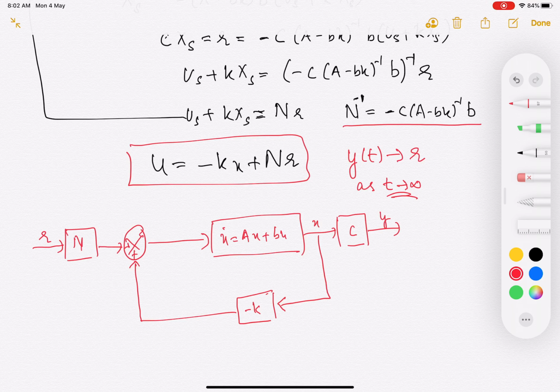So your state feedback law here, u is equal to minus kx plus nr, and when you calculate n the way it has to be calculated from this formula, what you're ensuring is that this y would actually be tracking this r at steady state. So I hope this is clear.